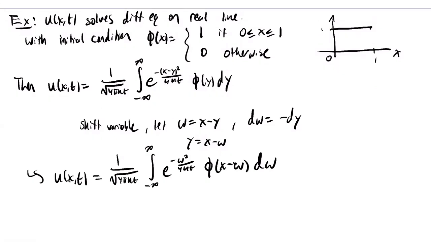If you're paying attention, you may notice, what happened with the minus sign? dw is minus dy, so technically there should be a minus sign here. But also notice that since I've changed the signs for y and w, there should have been a minus sign here and a plus sign here. I should have flipped the signs of the infinities.